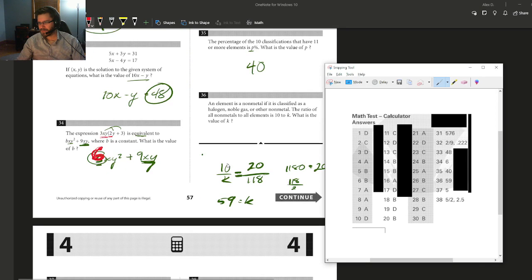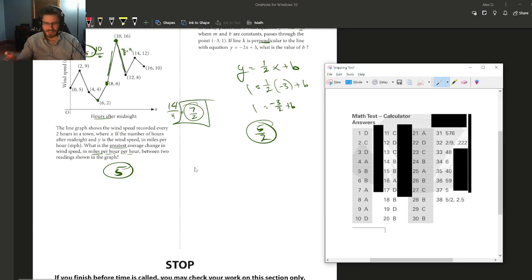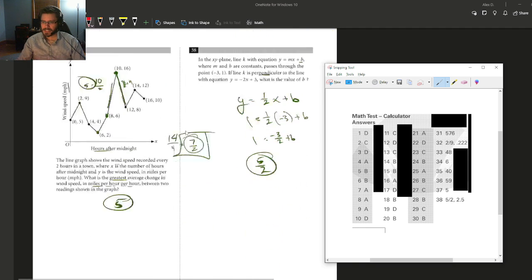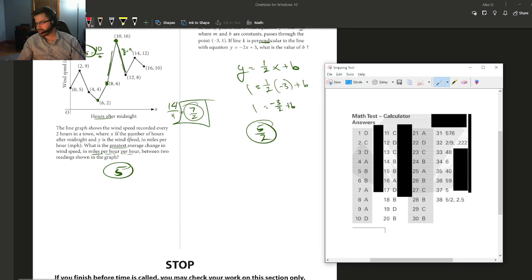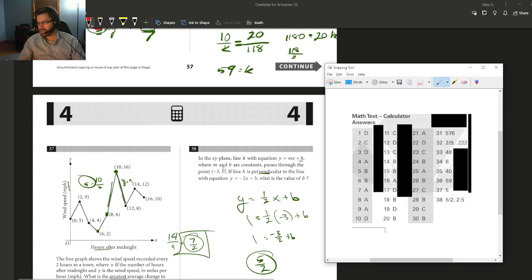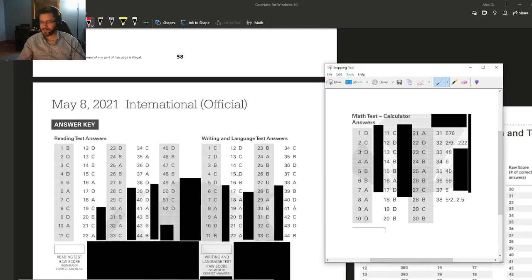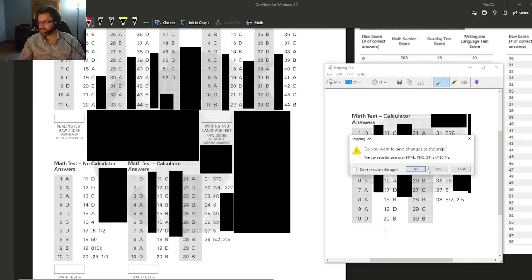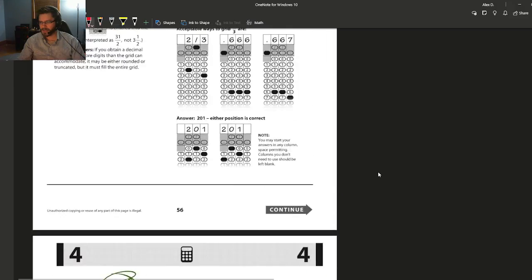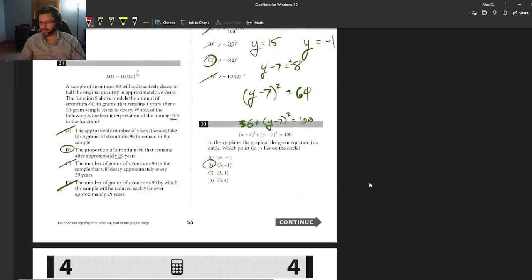40, 59. The answer was indeed 5. They should have said consecutive, between 2 consecutive readings. I would dispute that answer if I were you guys. 38, 5/2. Well, shoot. How many did I miss? 1, 2.